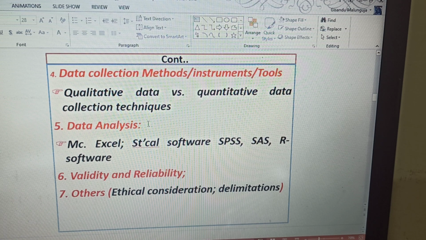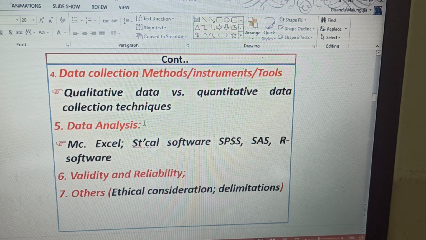Then, under the same research methodology, we have the section on data analysis, where a researcher should tell what analysis technique shall be employed in the process of data analysis and interpretation, followed by report writing. Depending on the nature and variety of data, we have several ways to analyze it.